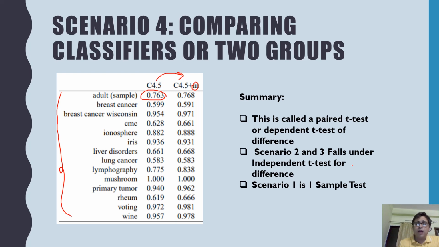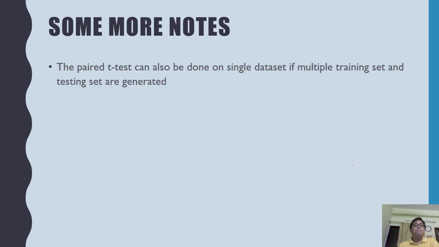Now let's look at some of the shortcomings of the t-test. The paired t-test can also be done on a single data set if multiple training sets and testing sets are generated. So you have only one data set and you want to see which method is better. You can use different seed values, generate different training set and testing set combinations, and calculate the classification accuracy.